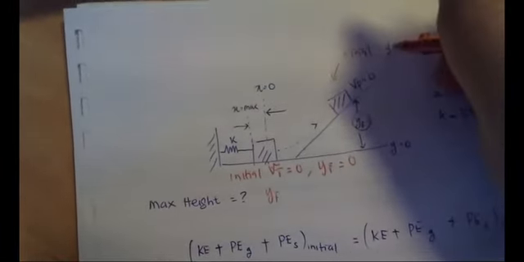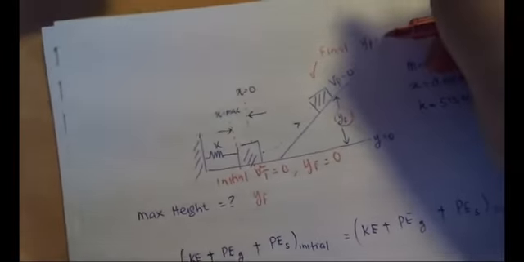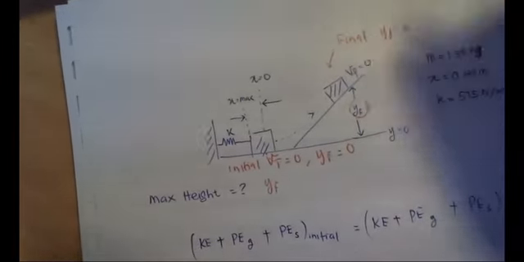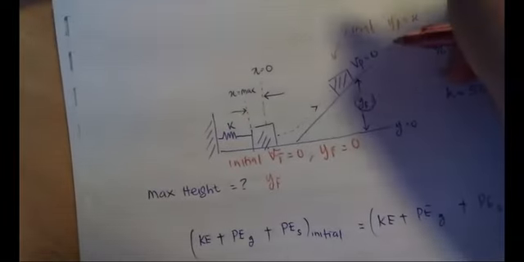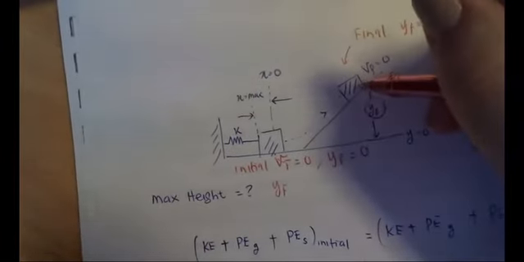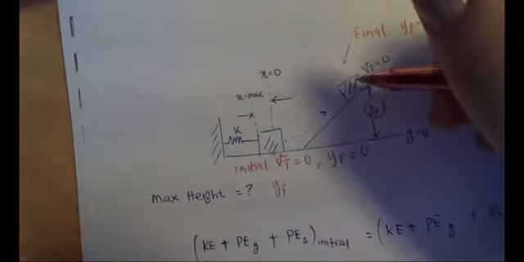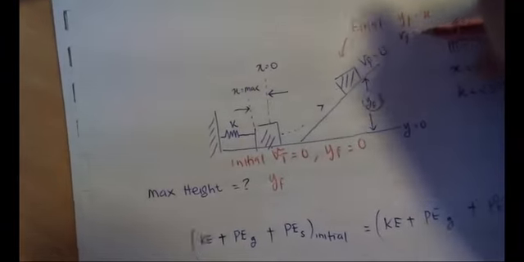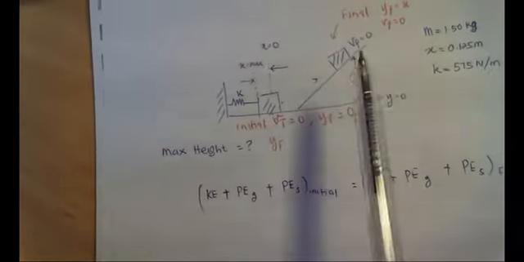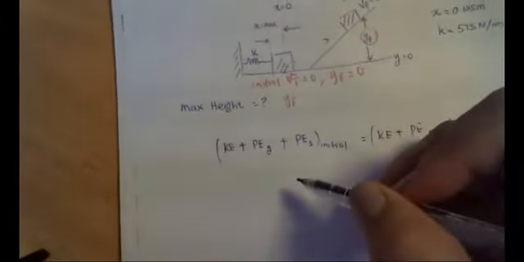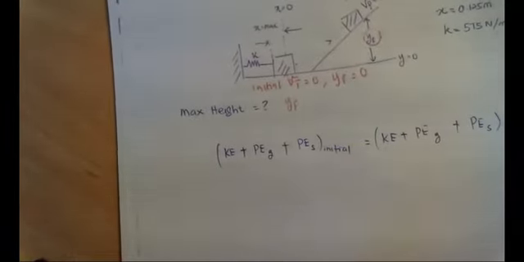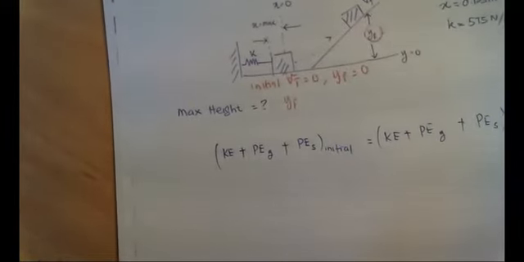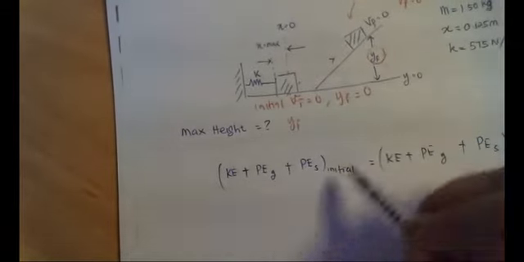So your y final is equal to some value, and then we assume that at this point the block stops for a moment, so your final velocity is equal to 0. By knowing the values which are equal to 0 at each position, I know that some of the terms in the equation are also equal to 0.